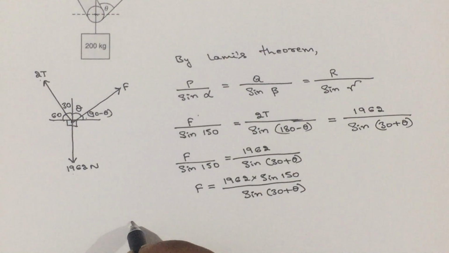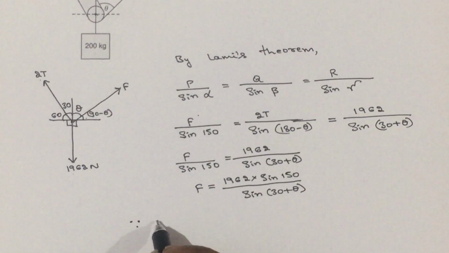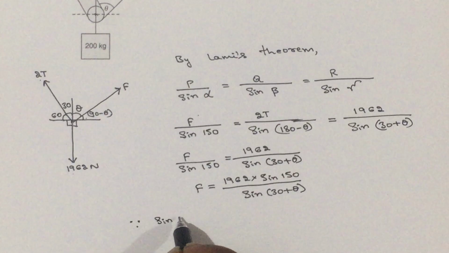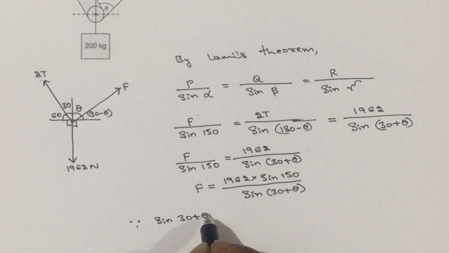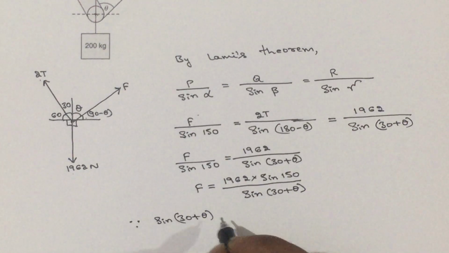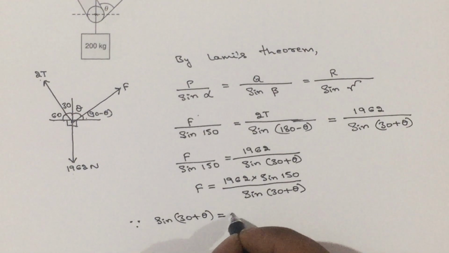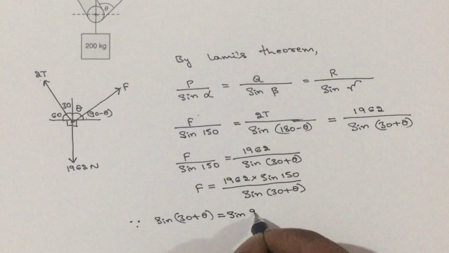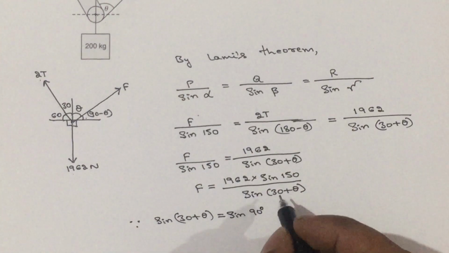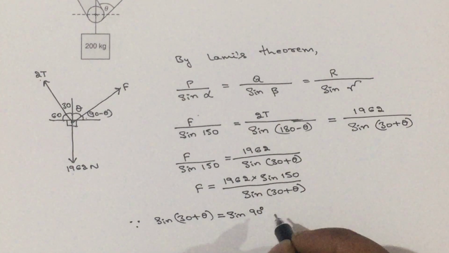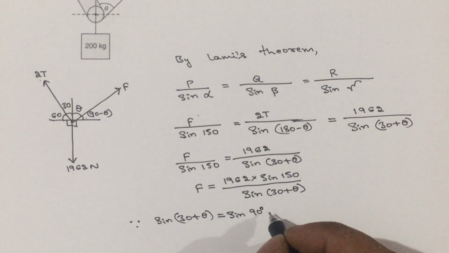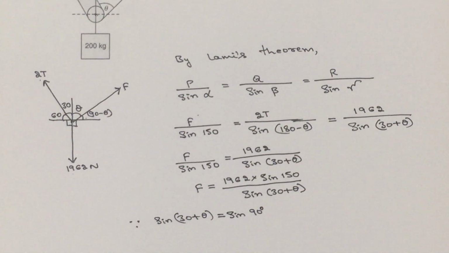The maximum value of sin of 30 plus theta, the maximum is at 90 degree, that is sin 90, that will be equal to 1. In trigonometric functions, we know that the maximum value is 1, the minimum value is minus 1.